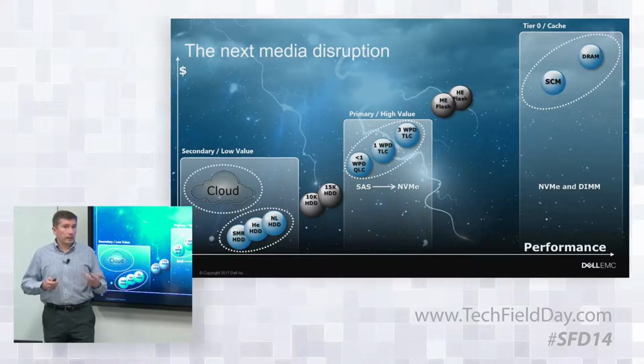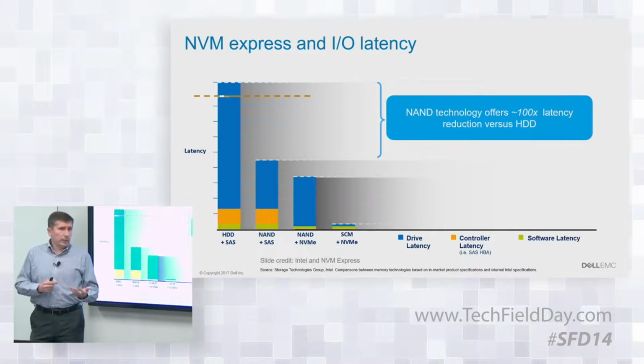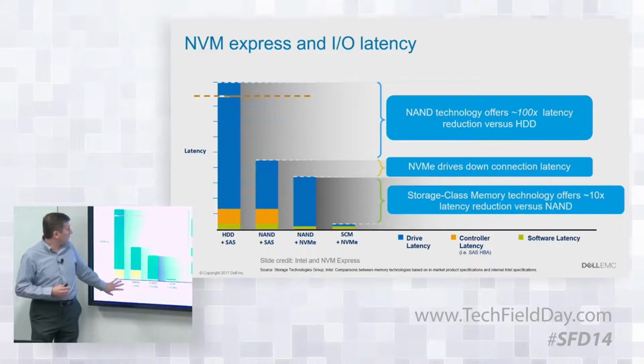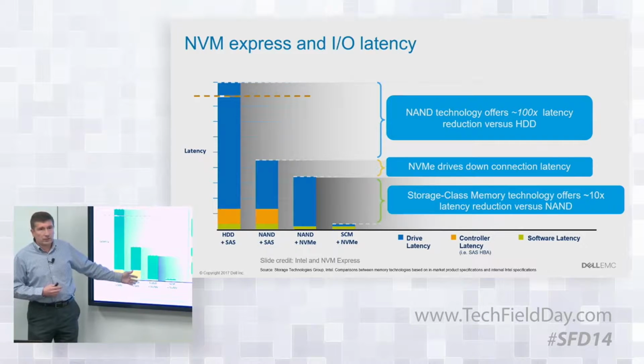And the other thing is focusing on the latency of these new media types. And what does NVMe bring? You may have seen this slide previously. With hard drives, most of the time spent in accessing the data was in media access and less in the controller latency and the software latency. As we transition to NAND, that media latency went down.